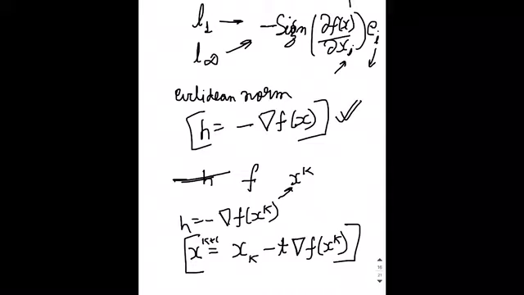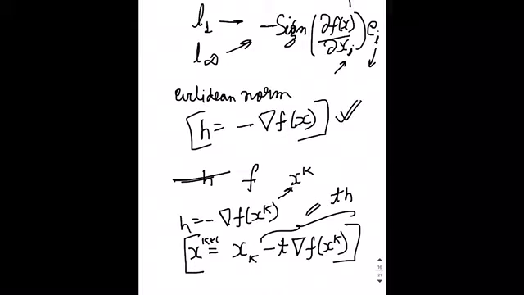So first we have x_k, we find a descent direction, then we find the new x using that descent direction. But we also want a step size, t.